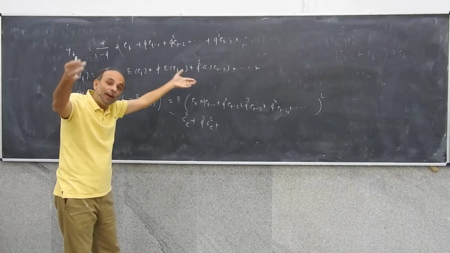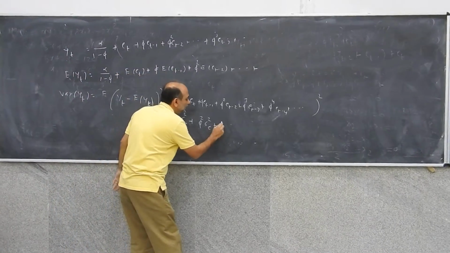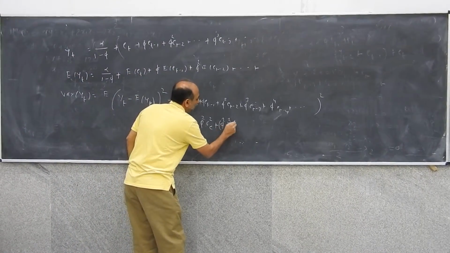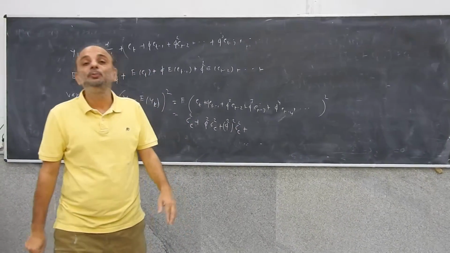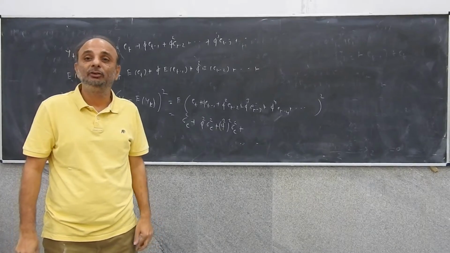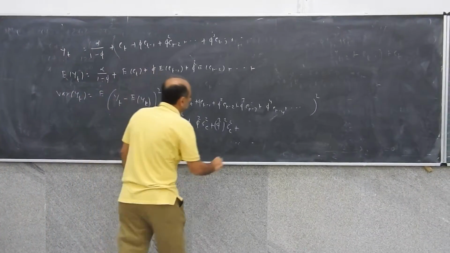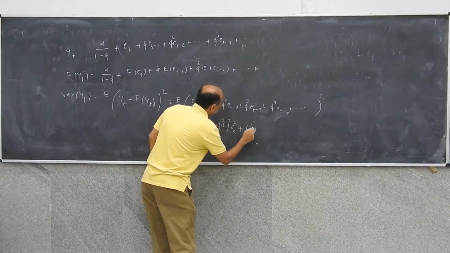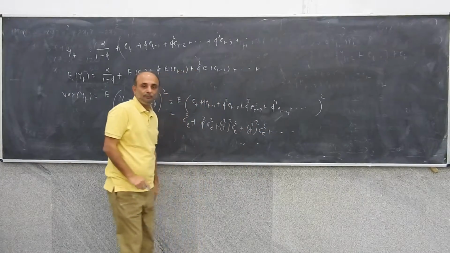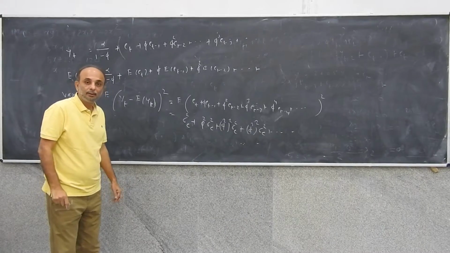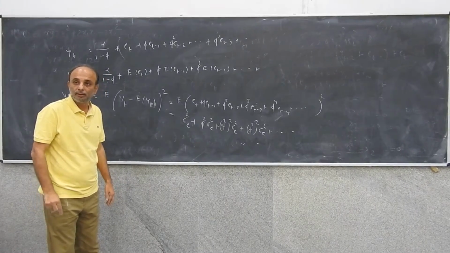Phi square square, so I just write here phi square square sigma square. What is the variance of phi cube et minus 3? I write this as phi cube square, and so on. Right? Sure, folks?